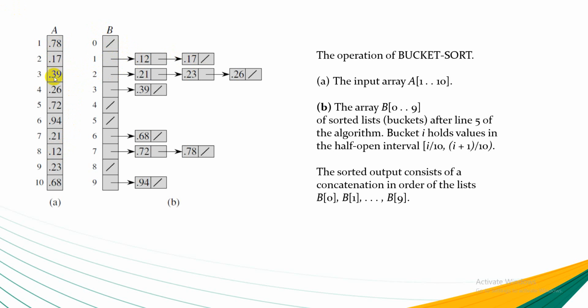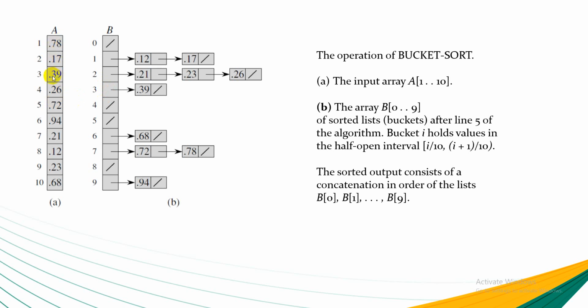Next, what are the elements in the interval from 0.2 to 0.3? We have 0.26, 0.21 and 0.23. So we'll have these three elements in the linked list at index 2 in B. We continue with the interval from 0.3 to 0.4.